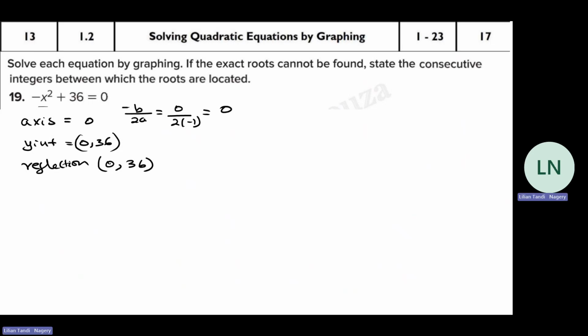This is very weird. How is this graph going to look? The graph is going to be looking like this. It's going to open downwards. Do I have my 4 values? I need my vertex. My vertex will be axis, so 0, 0.